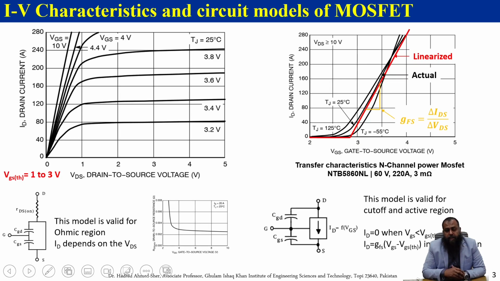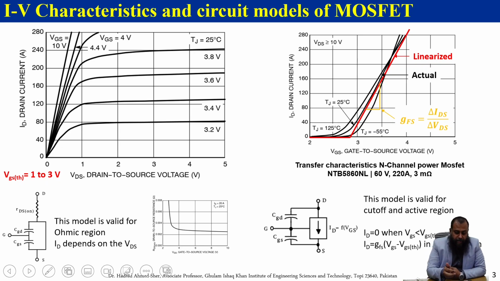In order to understand the impact of these capacitances, we first need to create an electrical equivalent model of a MOSFET, and that model must be able to depict the performance of a MOSFET, whether it is in the cutoff region, the ohmic region, or the active region.